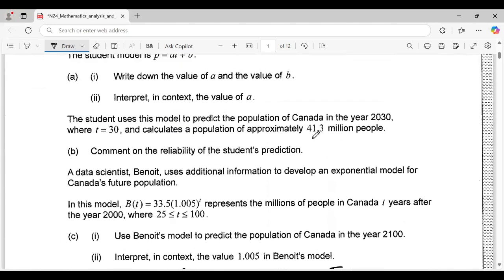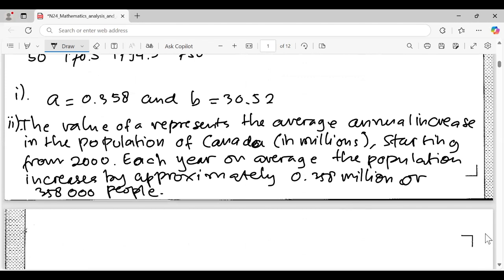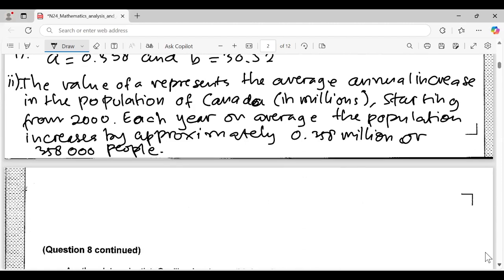The student uses this model to predict the population of Canada in the year 2030, where t equals 30, and calculates the population as approximately 41.3 million people. Comment on the reliability of the student's prediction. I have provided my explanation about this, because if I write it like this, I will need more time.